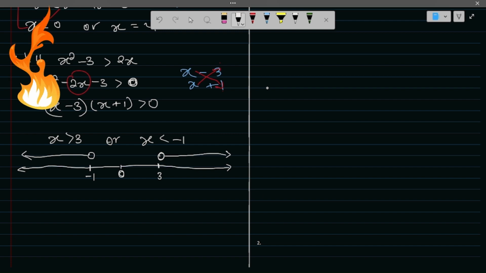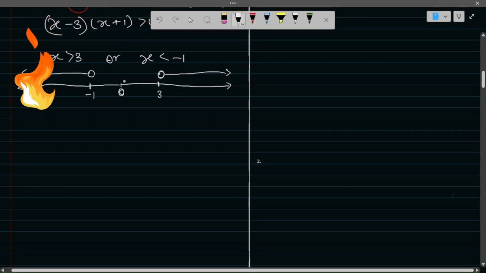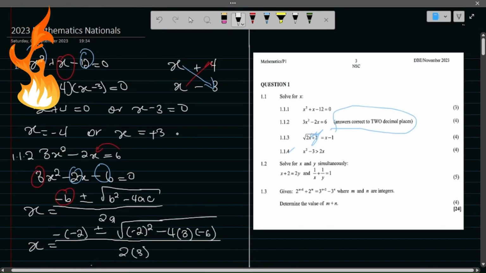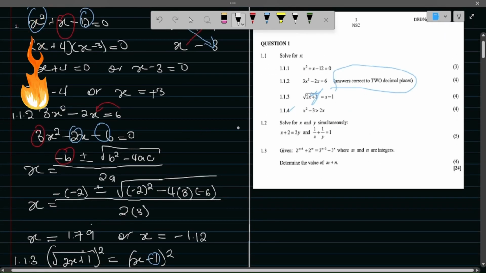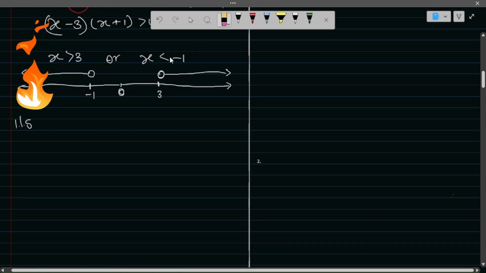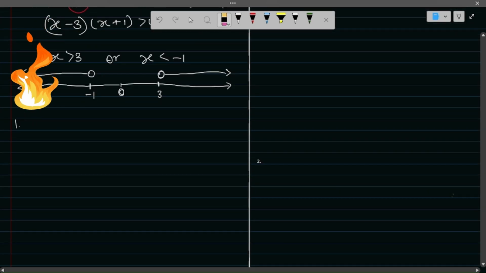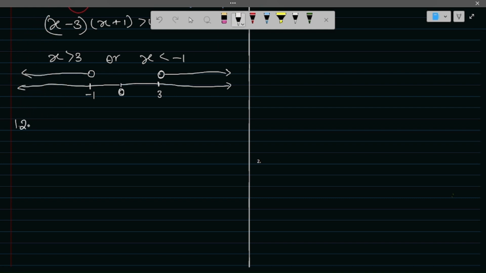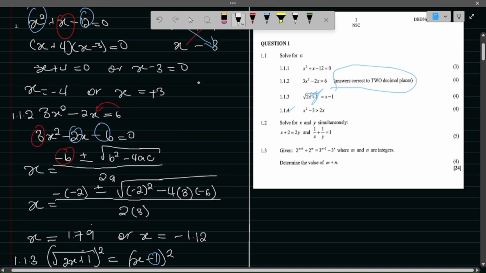Let's go to 1.1.5. It says that we need to solve for 1.2 basically. So what does this say?